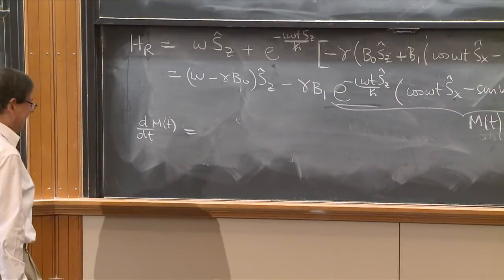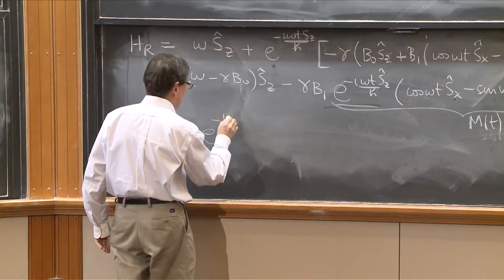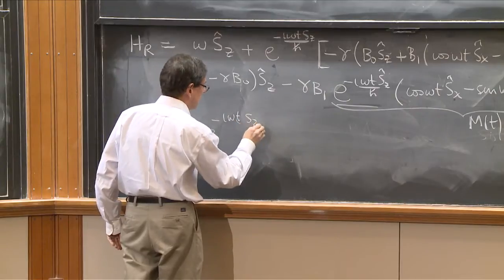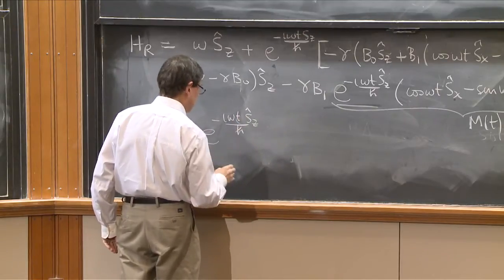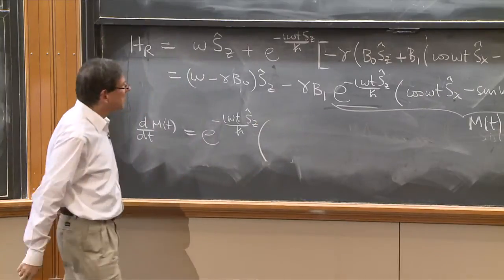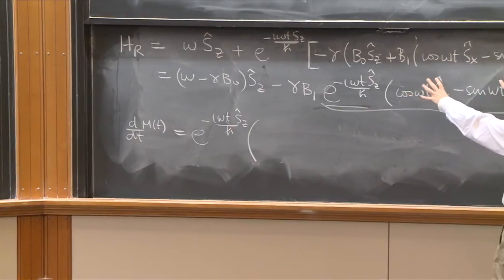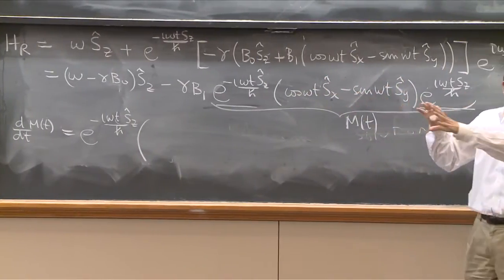Okay, so what do we get? Well, we get the following, e to the minus i omega t S_z over h bar, and I'll put a big parenthesis here. This is something I think you're familiar with.